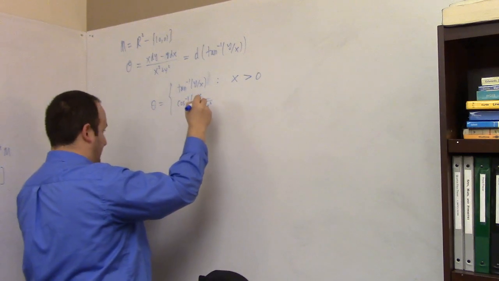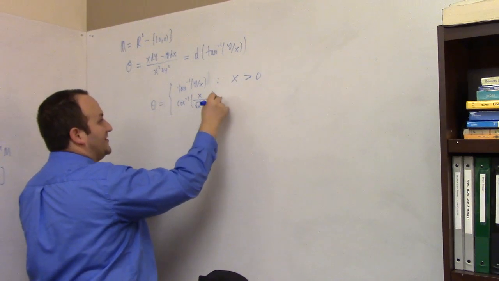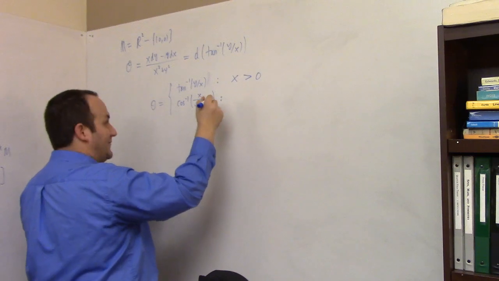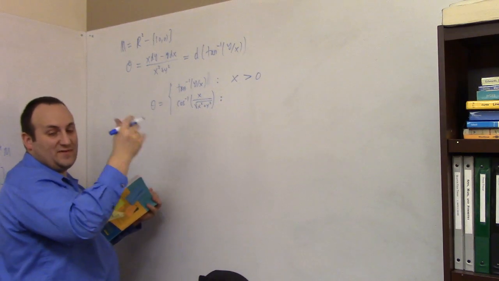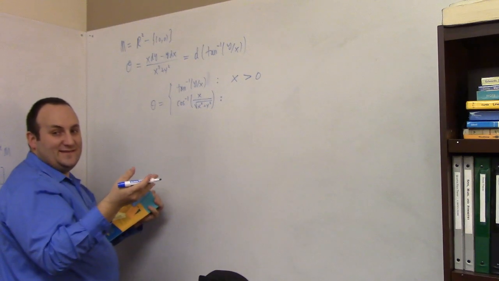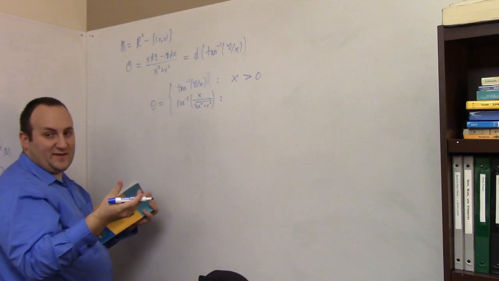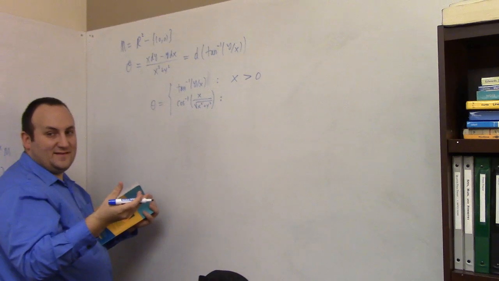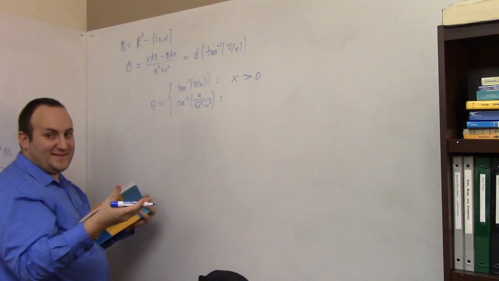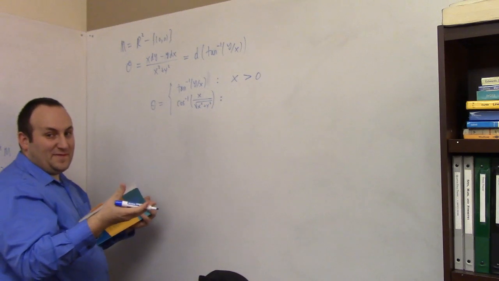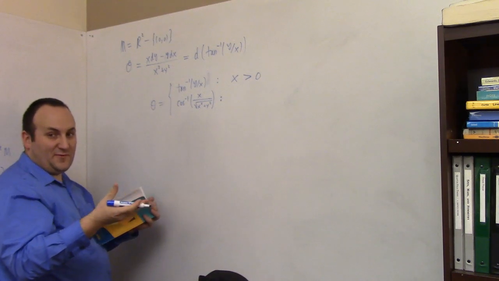Inverse cosine of, I make them think about it, I don't give them this formula. I could give them this formula, but I never say this formula in class, because if I ever wrote it down, they would, like so many robots, try to use this formula every time we asked a question about standard angle. I'm deliberately vague about standard angles when I talk about them in class, because I want them to think through it for themselves. I don't want to give them this formula. But here's a formula.